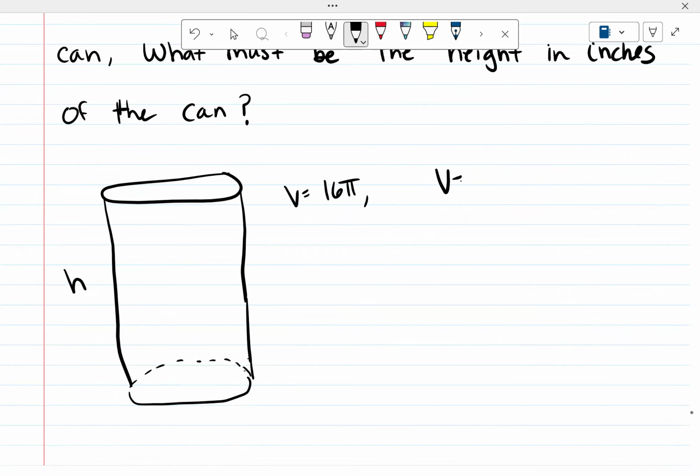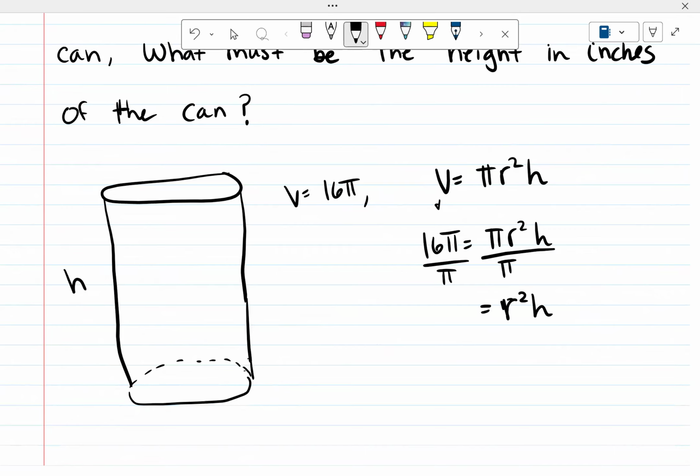And we know that the volume of a cylinder is also pi r squared times h. What we'll do next is replace V with 16 pi, that's given. And then I'm going to get rid of this pi by dividing both sides by pi. So you get r squared h, and the pi's cancel, so we're left with 16.